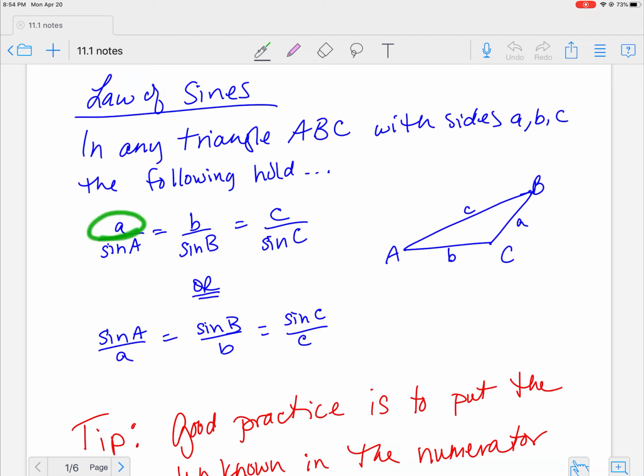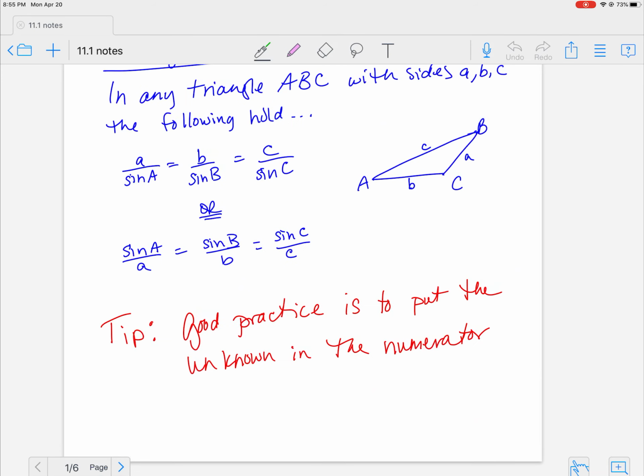You can have the side that goes with the angle, and every single one of these ratios are equivalent. You can also put the angle on top and the side on the bottom, and every single one of these ratios are equivalent. All right? The whole purpose of law of sines here is to set up our ratios, and then we can solve that.